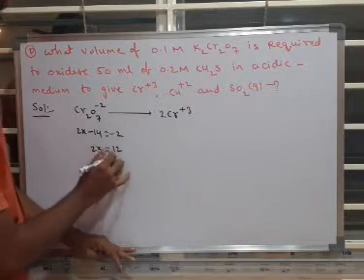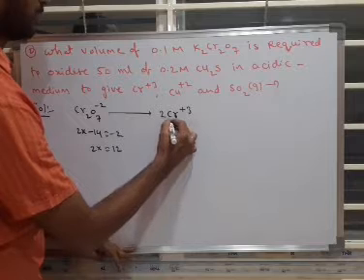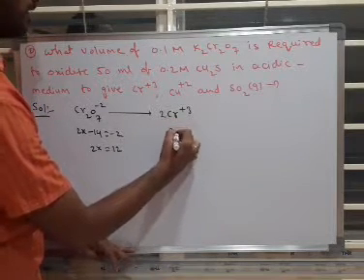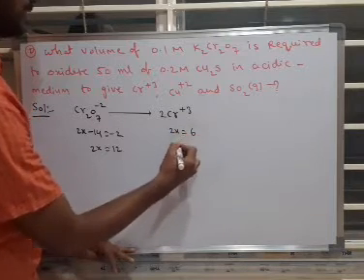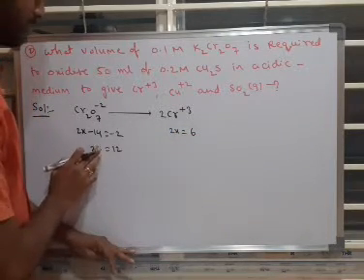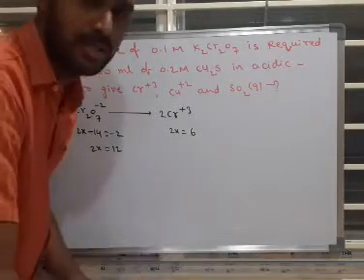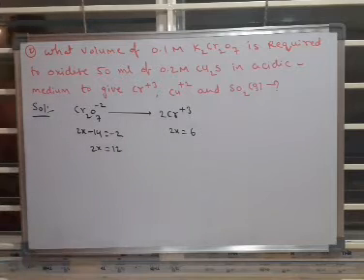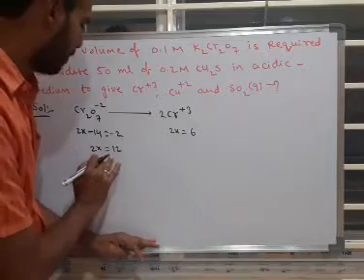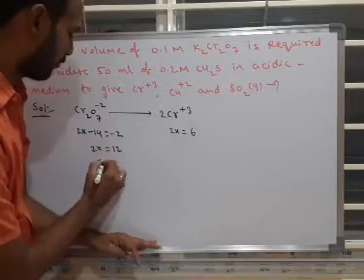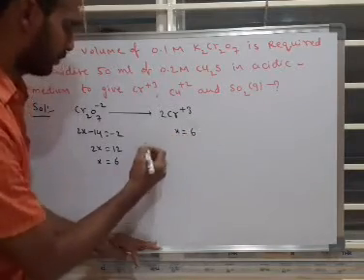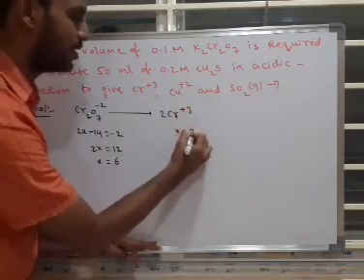So for 2 chromiums it is equal to 12, so 2x equals 12, and x equals plus 6. Each chromium goes from plus 6 to plus 3.